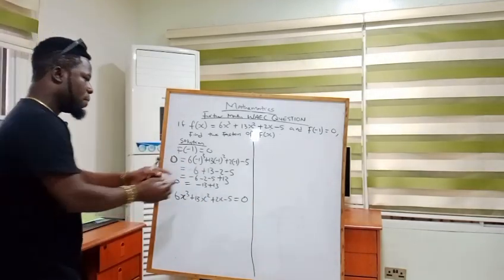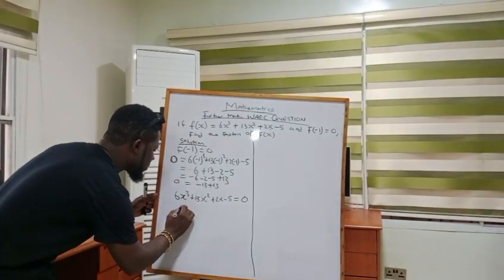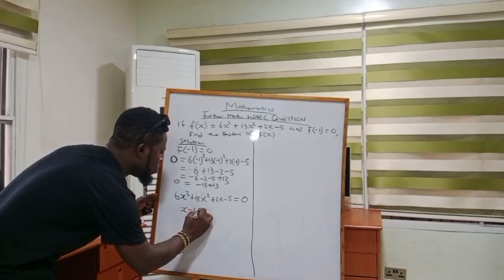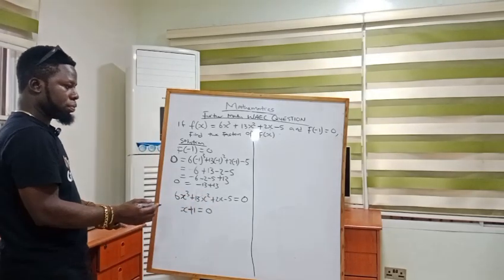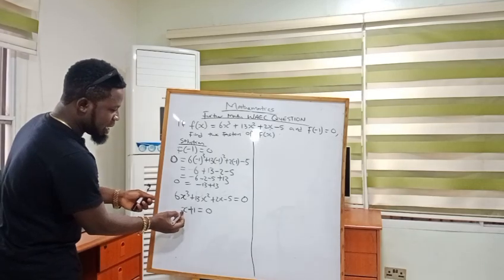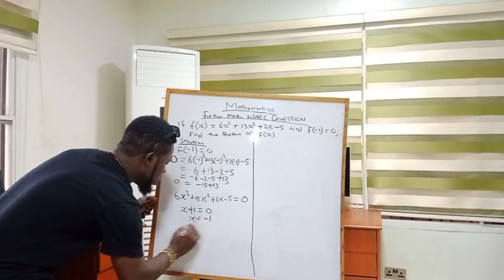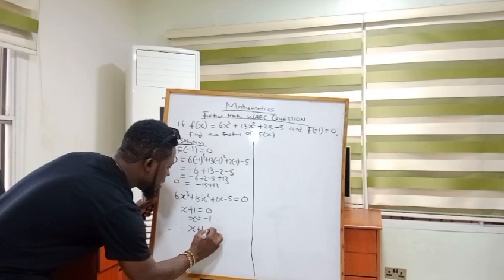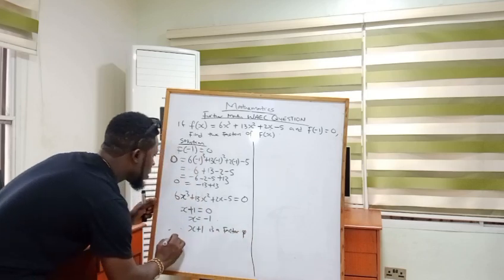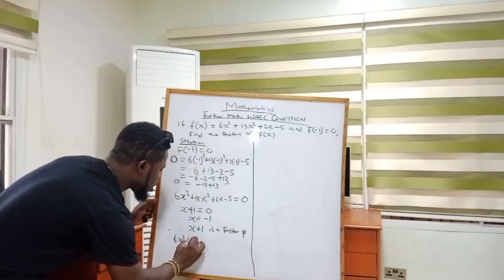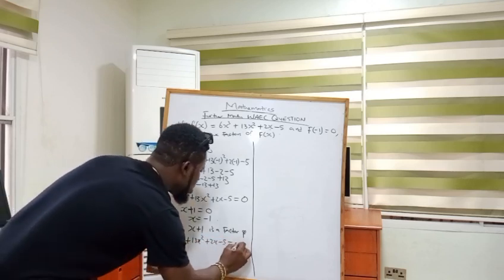Since f of minus 1 gives us 0, x plus 1 is a factor of 6x cubed plus 13x squared plus 2x minus 5 equals 0.